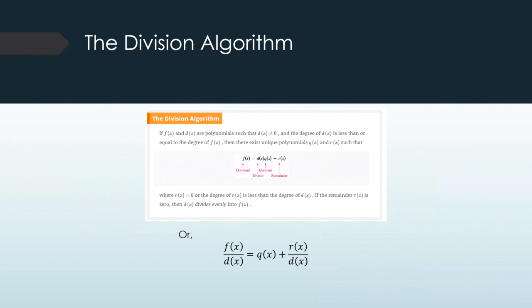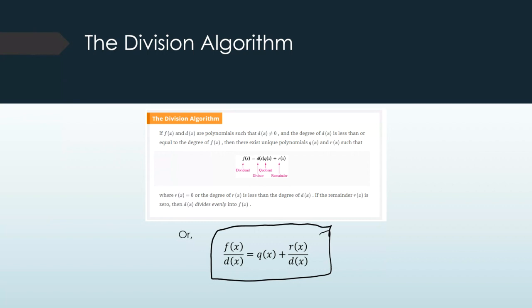Then there exist unique polynomials q and r such that d times q plus r will give you back your original. The way that we run it when we did the division is that q is the quotient, basically what divided evenly, and then you have a remainder, r, that you write as a fraction over what you divided by.